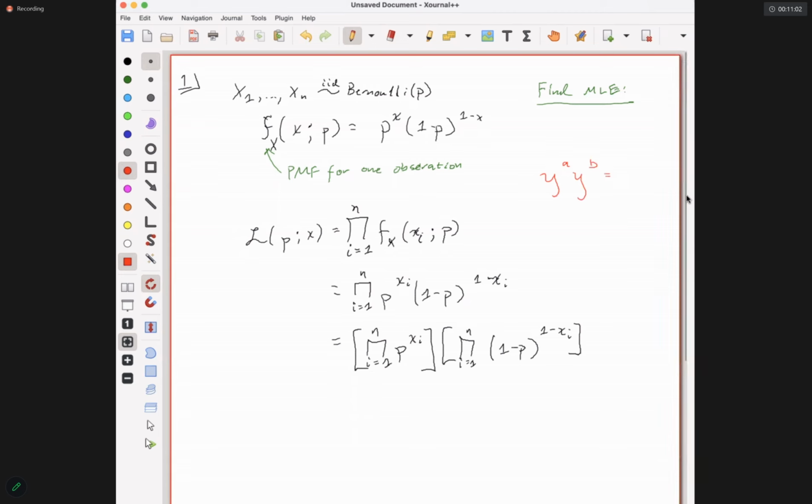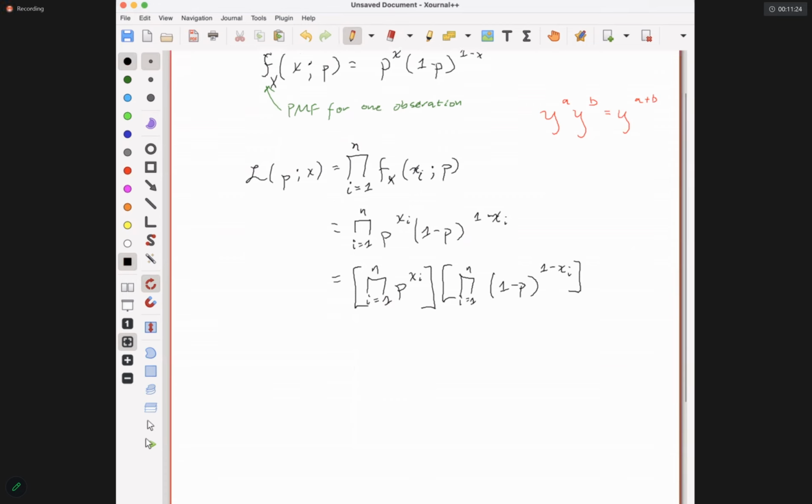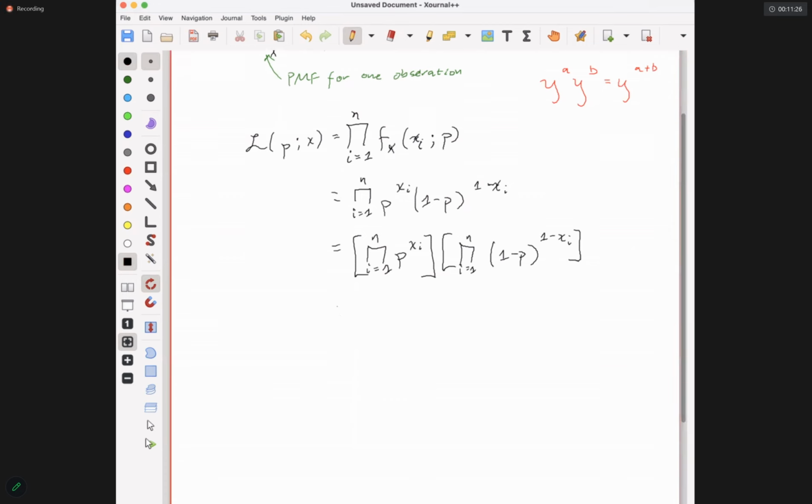What is this equal to? Exactly. And we'll do the same thing here, even though this is a product over n values rather than just 2. We can take this product and turn it into a sum in the exponent.